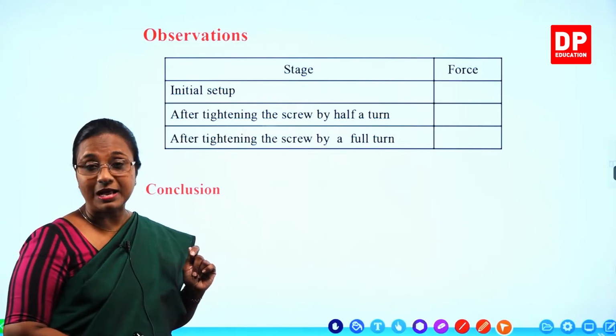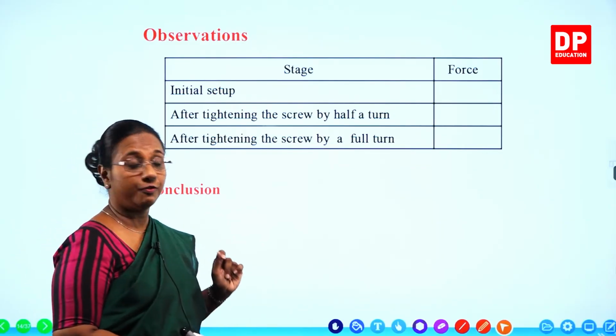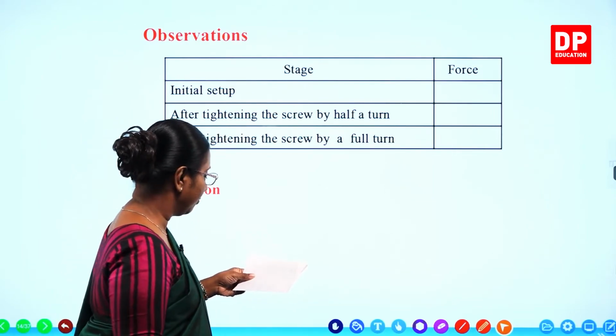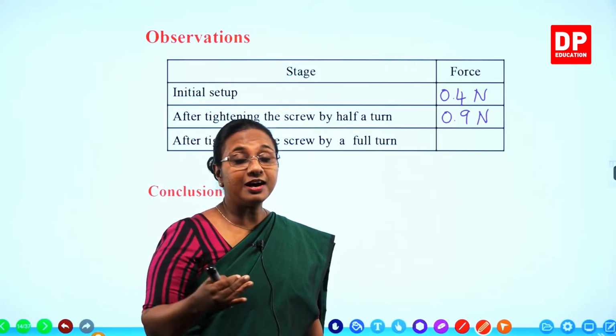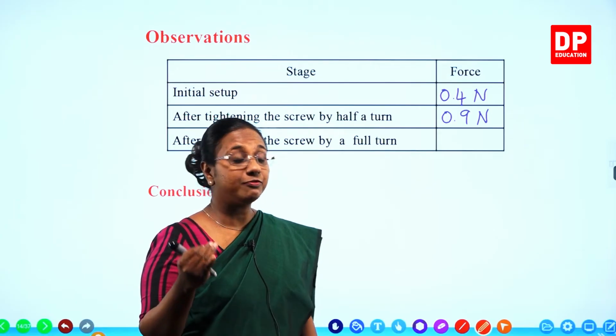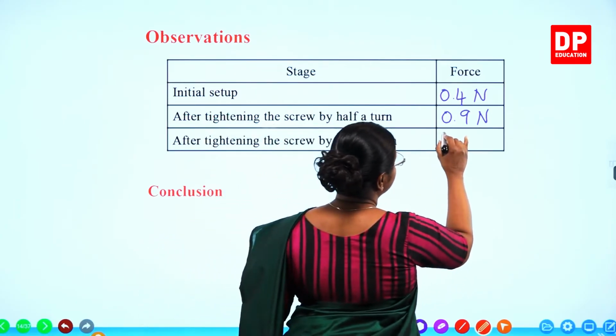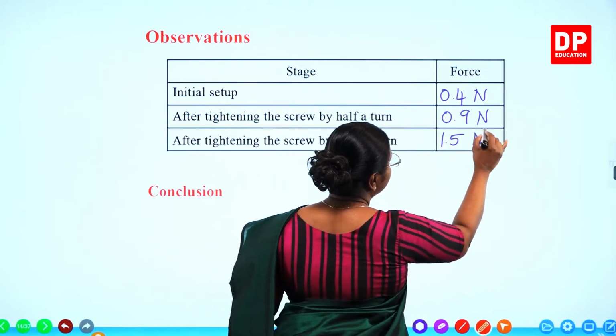That is the Newton balance reading, that is the force. So the initial force was 0.4 Newton. Then when we tightened the screw by half a turn, what was the Newton balance reading? That was 0.9 Newton. And again, after tightening it by another half a turn, that is a full turn, the Newton balance reading was 1.5 Newton.